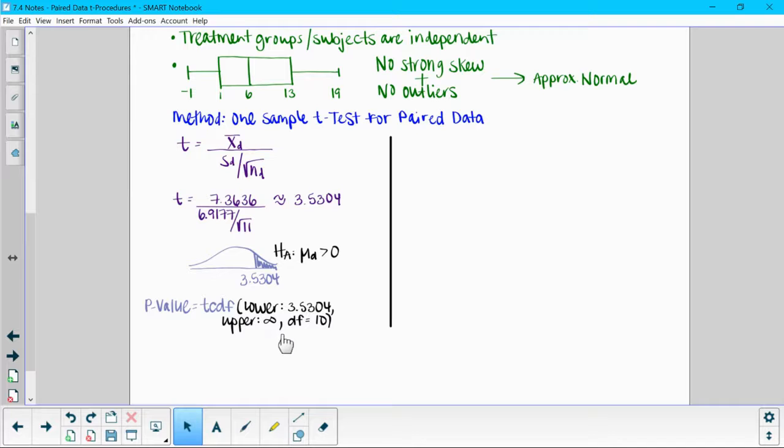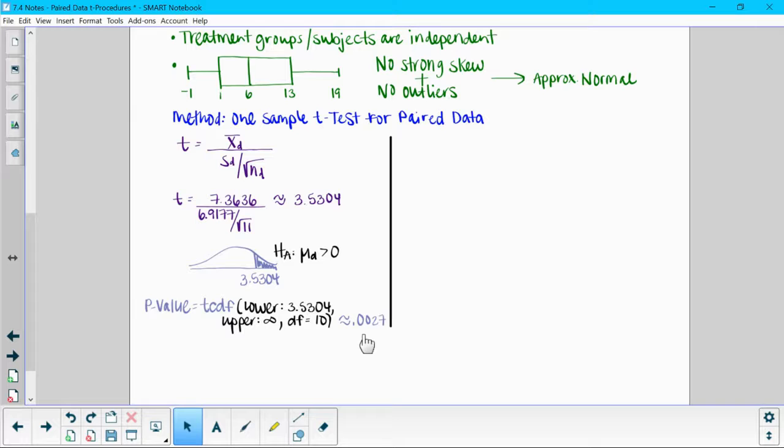Remember, we enter this into our calculator as 1E99. And my degree of freedom is my sample size minus 1, which in this case is 10. And if you forgot where to get TCDF, it should be second vars number 6. And this gives me approximately 0.0027. So this is my p-value for this problem.